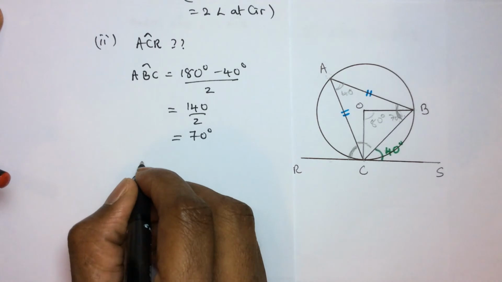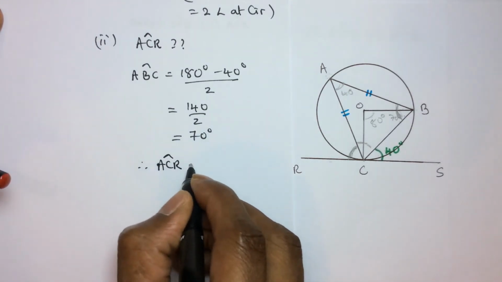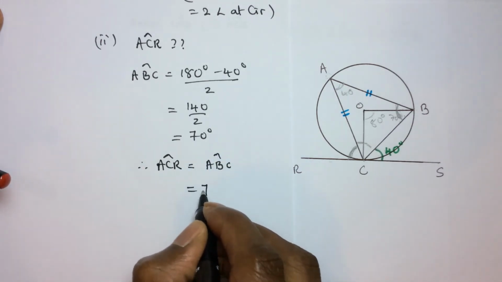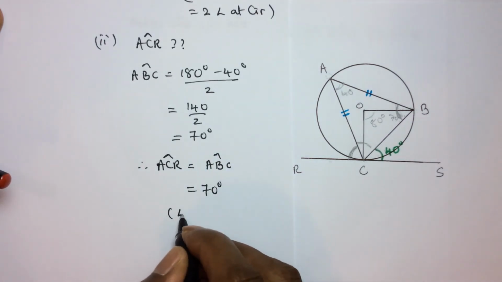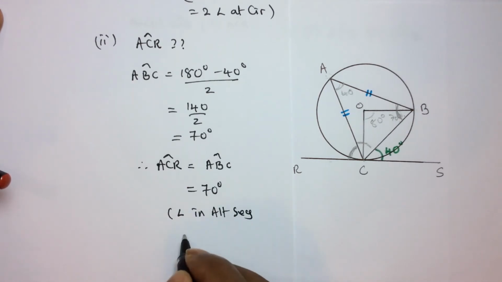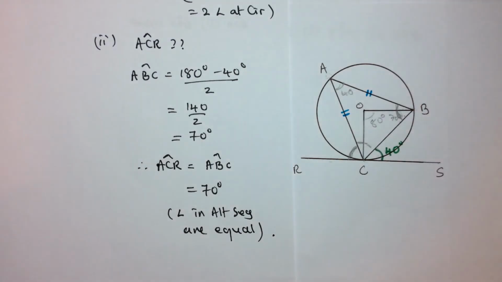Therefore, angle ACR is equal to angle ABC, which is equal to 70. The property: angles in alternate segment are equal. So this is number 2.